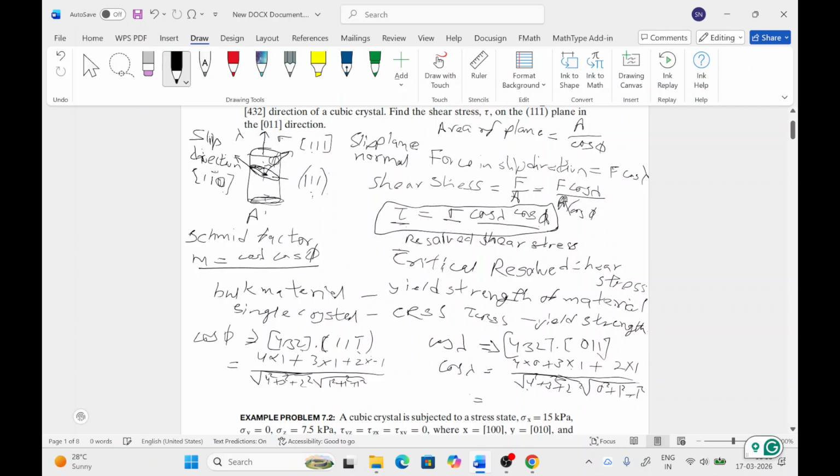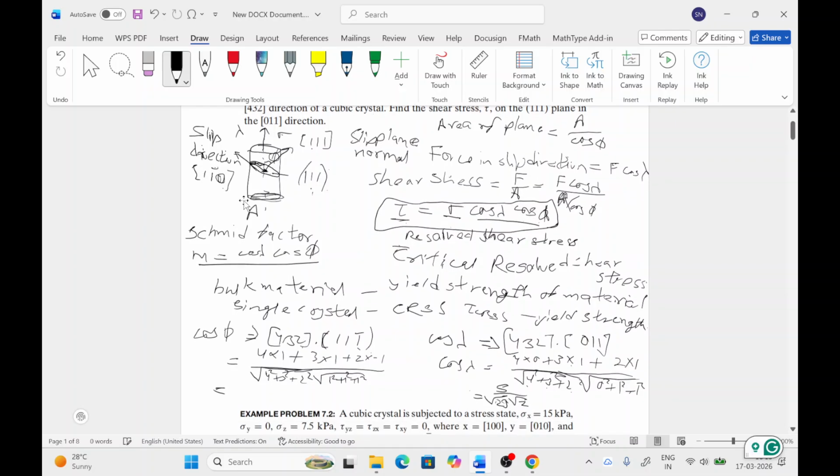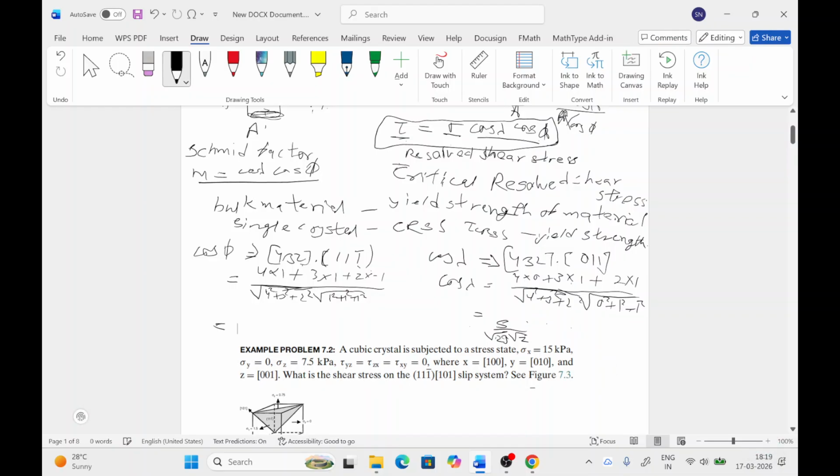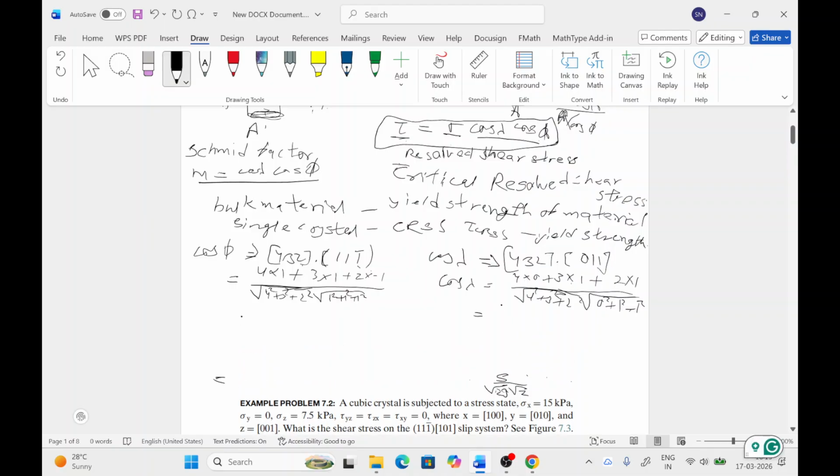So this will be 4 into 0, 3 and 2 will be 5, divided by the square root of 16, 9, 25, that is 29, and this will be root 2, so 5 by root 29 root 2.